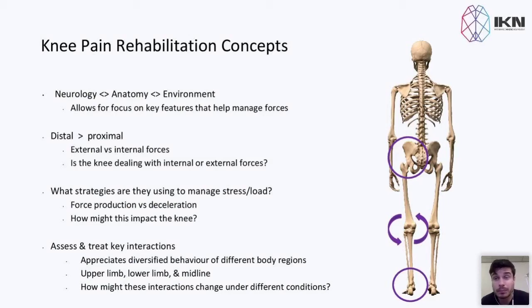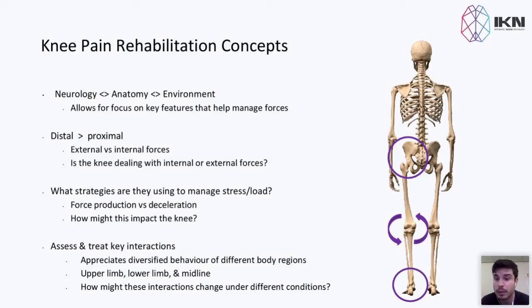So for example, if you're an individual where you're sprinting, right? If you're an athlete and you're running 100 meters, you might want a lot of concentric activity in your quads to push you forward, to produce force into the ground to push you forward.